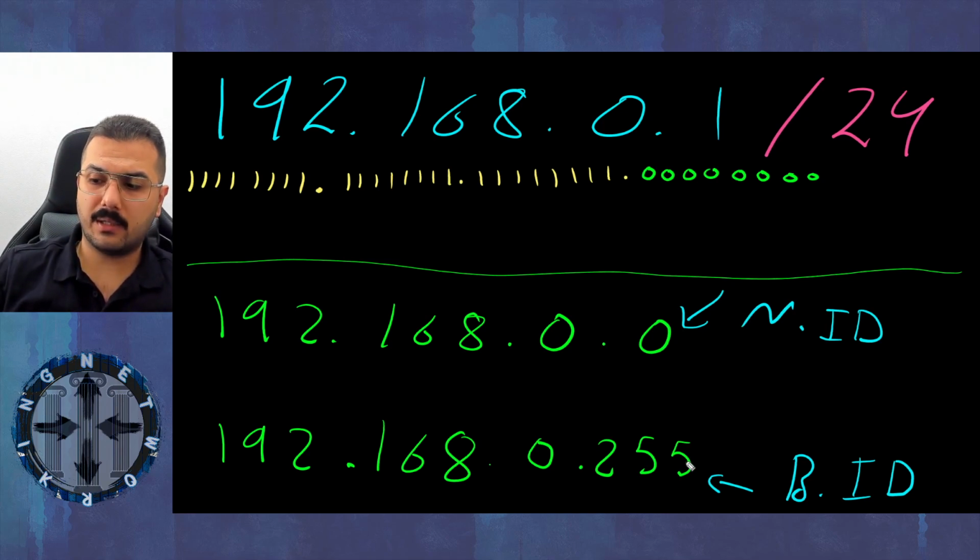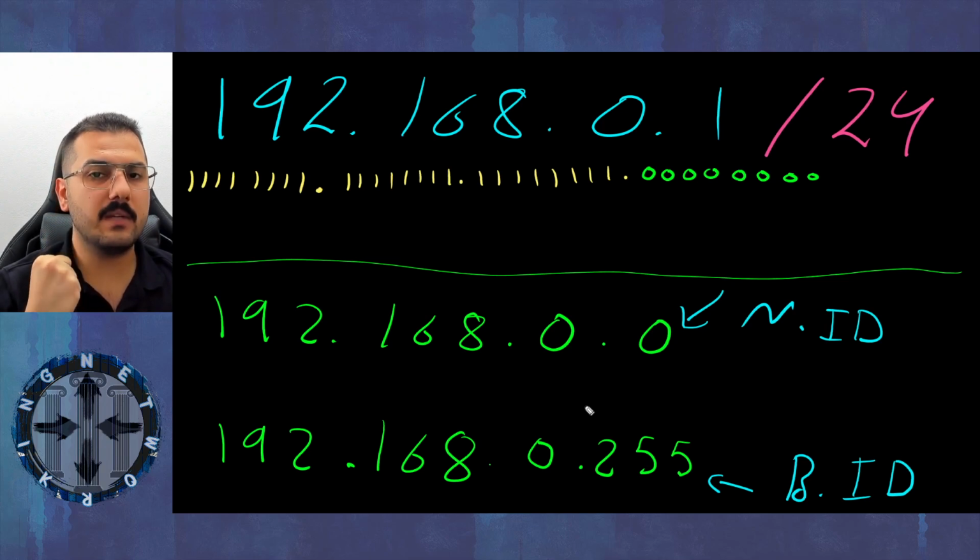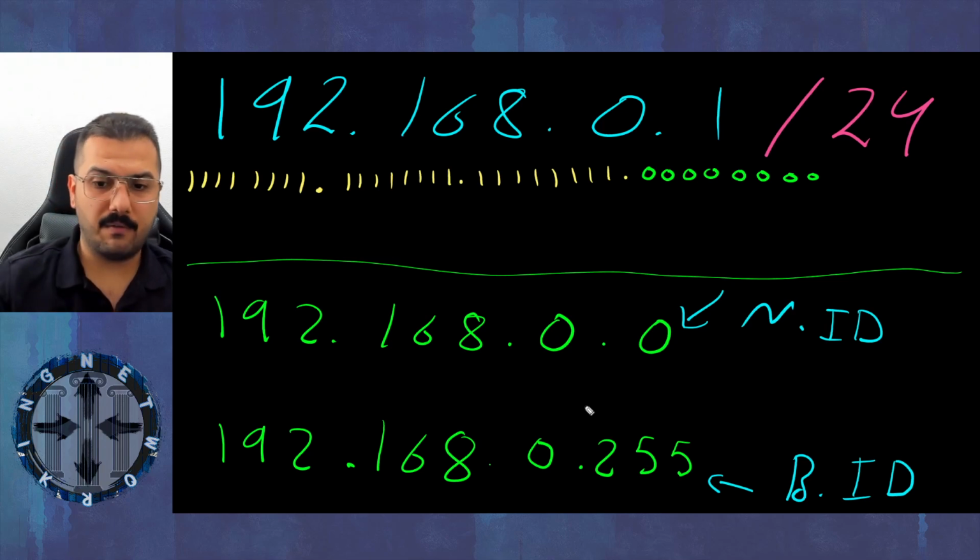Again, these two addresses are not to be used, but they are just two addresses out of 256 possible addresses. So this leaves me 254 usable IPv4 addresses. Which are these?